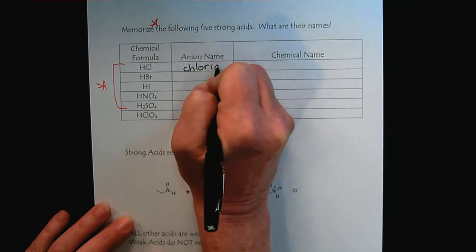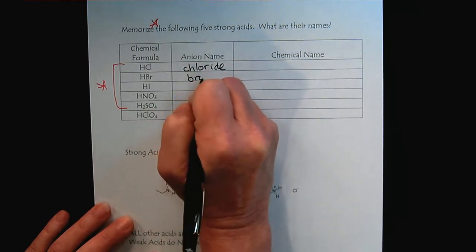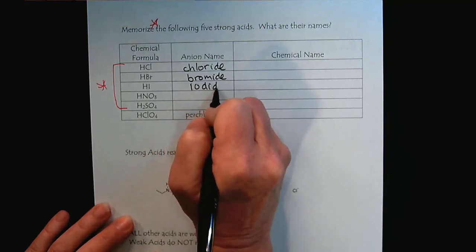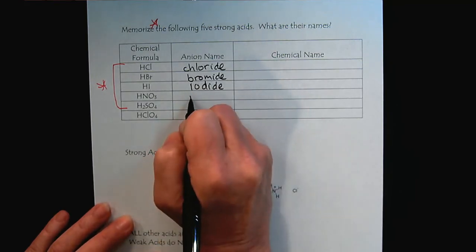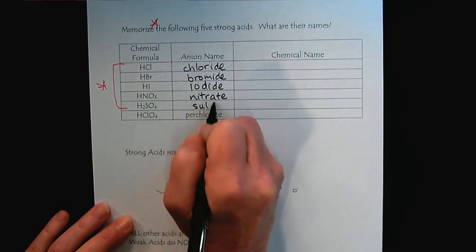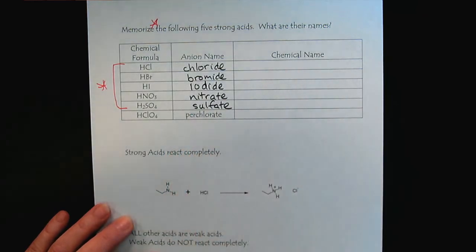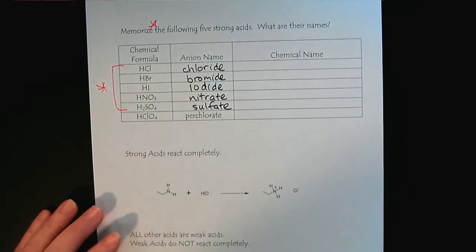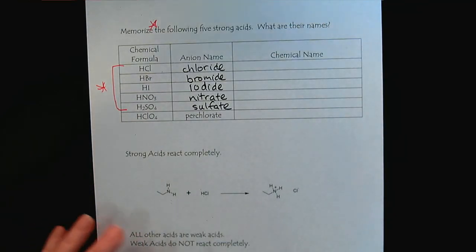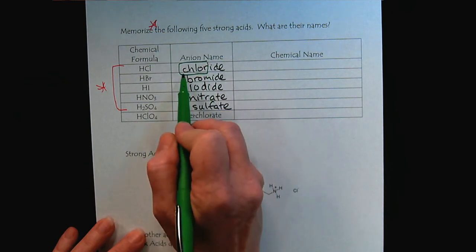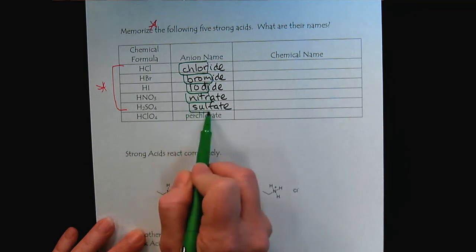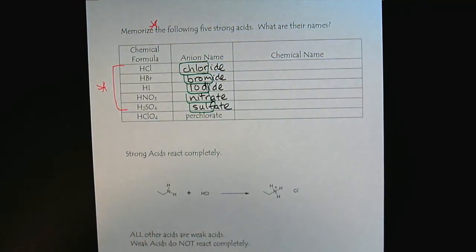Right, so we have chloride or bromide or iodide, nitrate, or sulfate. So then, based off of these anion names, we can apply our rules of inorganic nomenclature, looking at each ion name in terms of a stem or a root and a suffix.